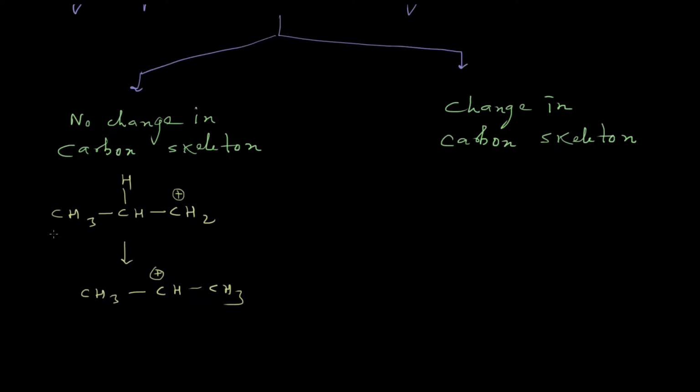Initially, the carbon skeleton was like this. After the rearrangement, there is no change in the carbon skeleton. So these types of rearrangements are called the carbocation rearrangements where the carbon skeleton remains unchanged.